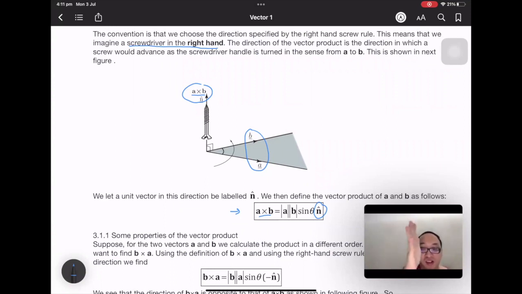This is from A to B, if you see. This is A and this is B. So this is from A to B, and the thumb is up. So the direction is up. From A to B, the direction is up.